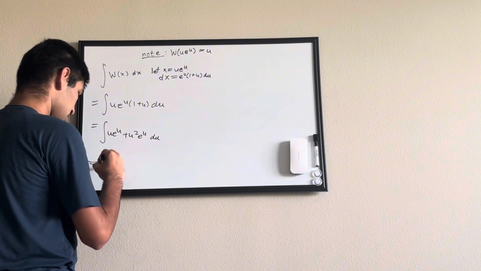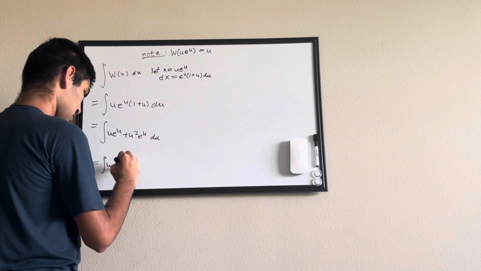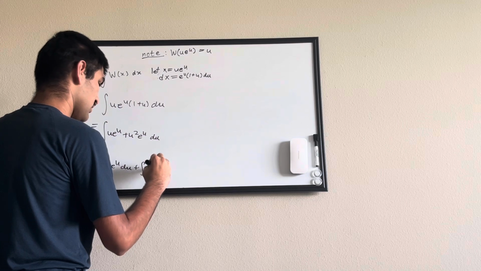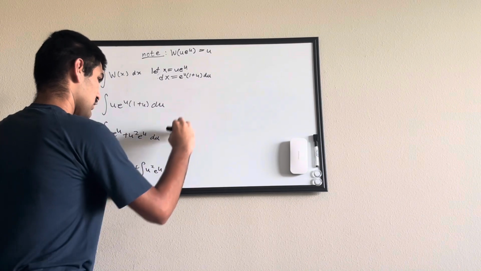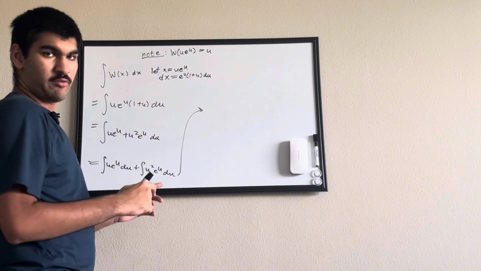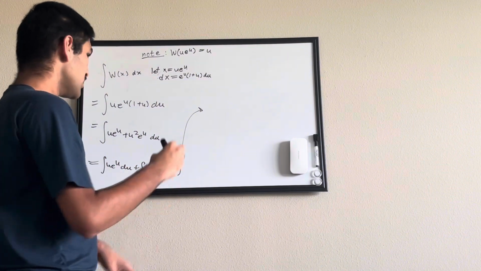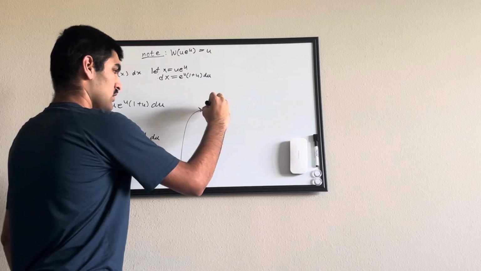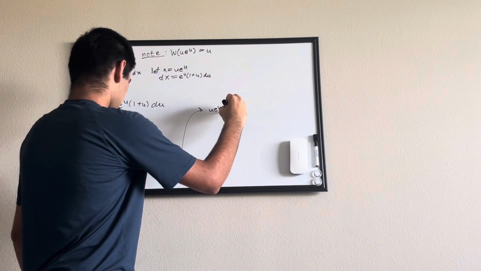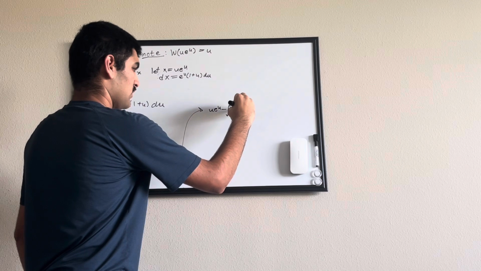So we get the integral of u e to the u plus the integral of u squared e to the u. For the first one, integration by parts gives u e to the u minus the integral of e to the u.